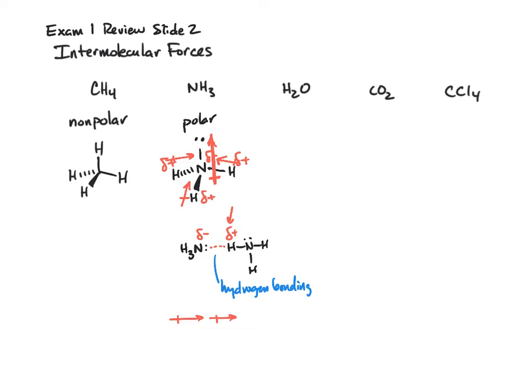The reason it's not sp2 is, what is the molecular shape of ammonia? It's trigonal pyramidal. If it was trigonal planar, then it would be sp2.